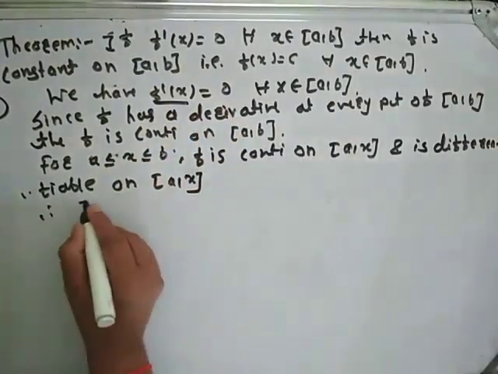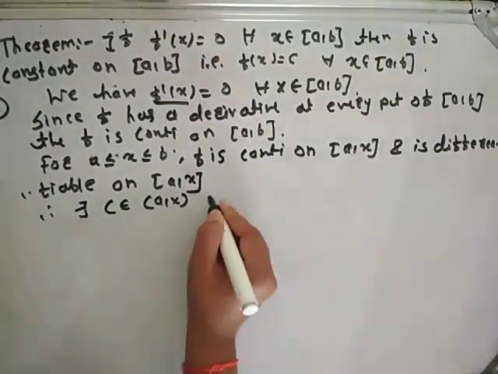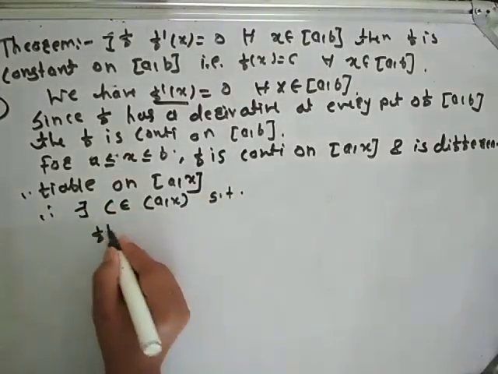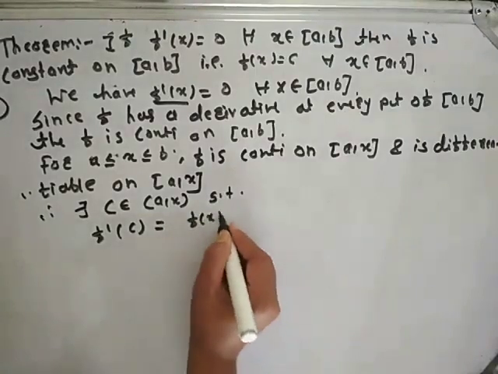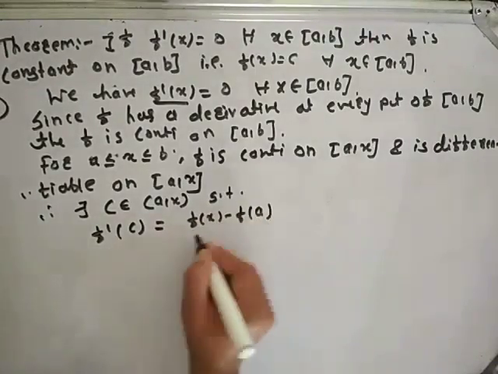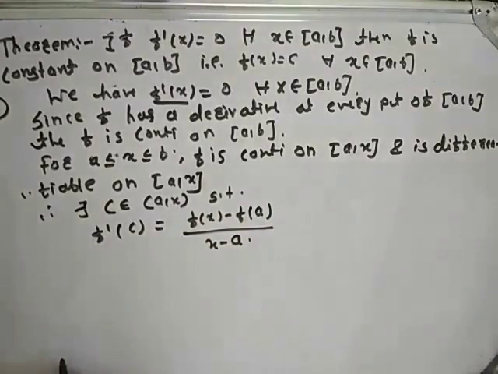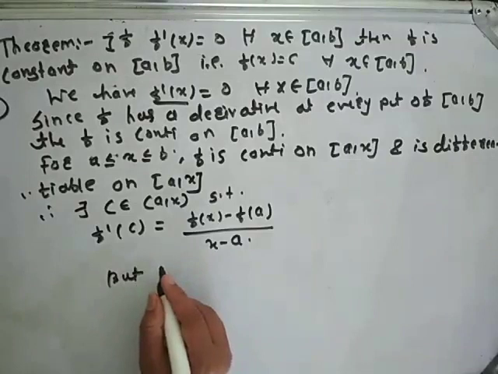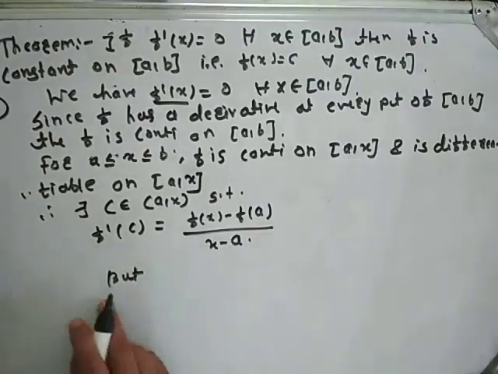That's why there exists a point c belonging to open interval (a, x) such that f'(c) is equal to (f(x) minus f(a)) upon (x minus a). This is by the law of mean.